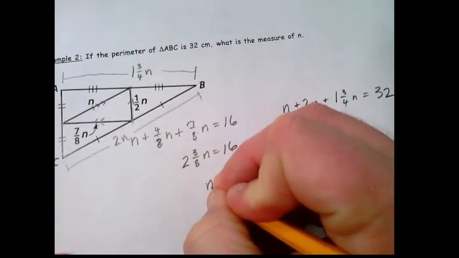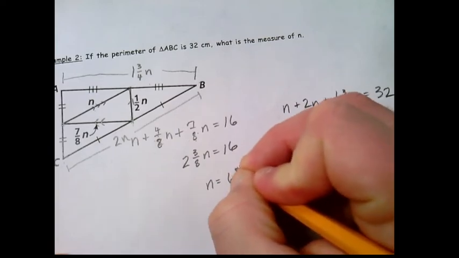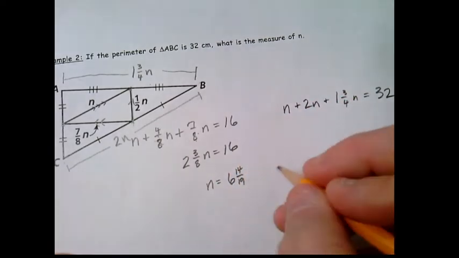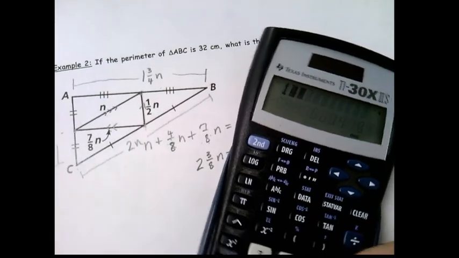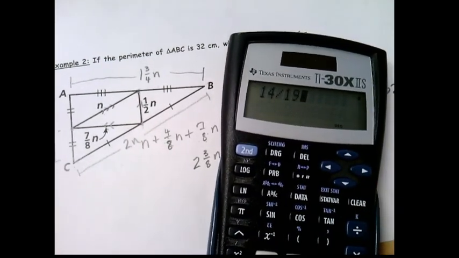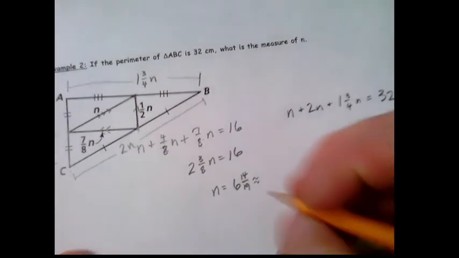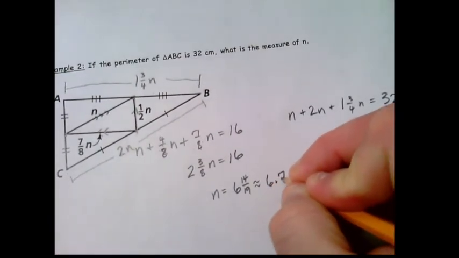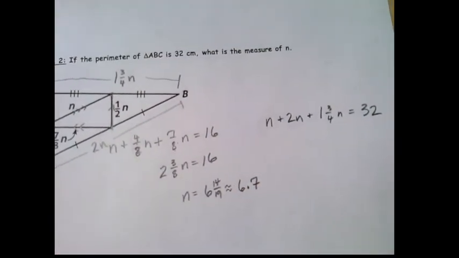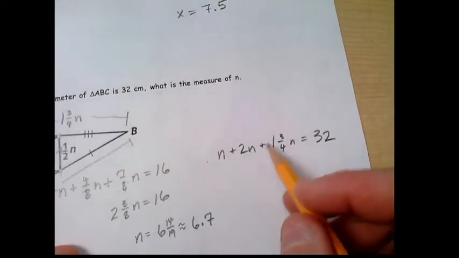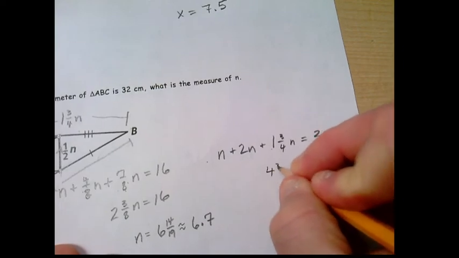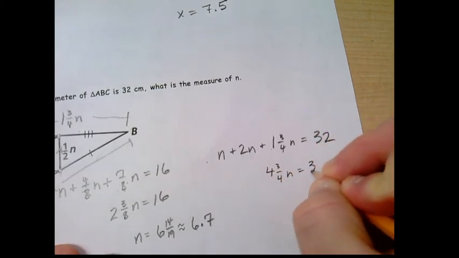Now, if you didn't get a fraction on that, this is approximately, 14 divided by 19 is 0.7. So n is about 6.7. Now over here, if I add these up, 1, 2, 4 3/4, I get 4 3/4 n equals 32.